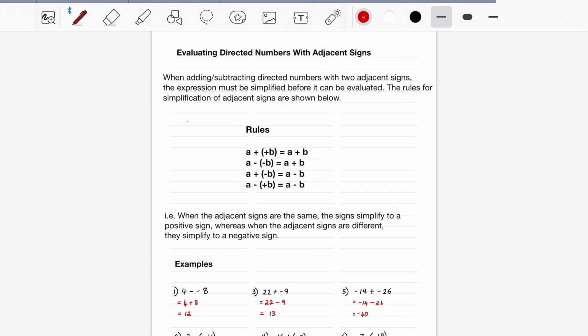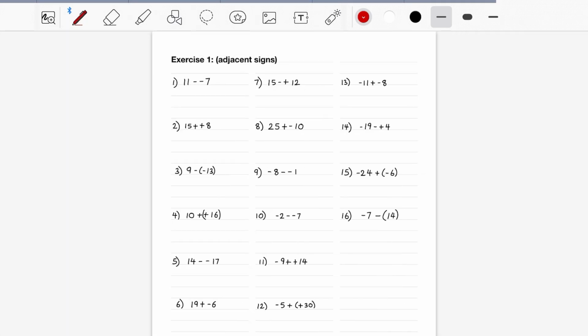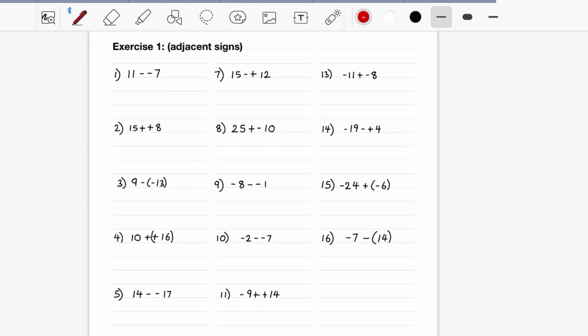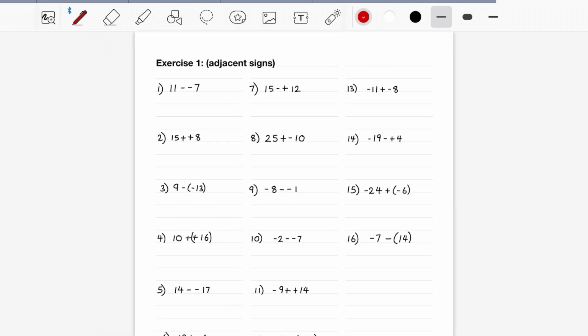So let's move on to an exercise. So here's an exercise in adjacent signs. I will give you some time to pause and try this on your own before we look at the solutions.